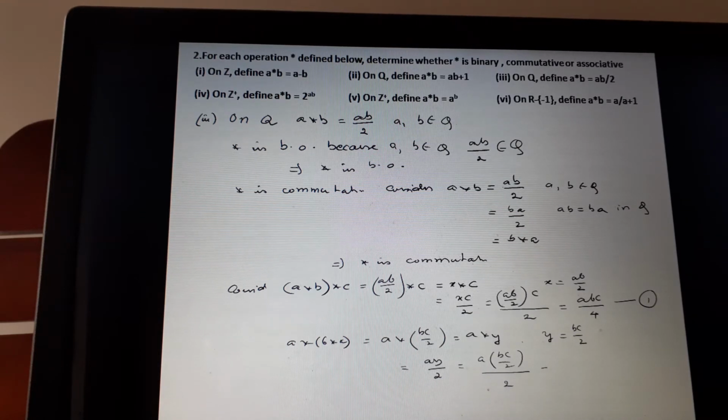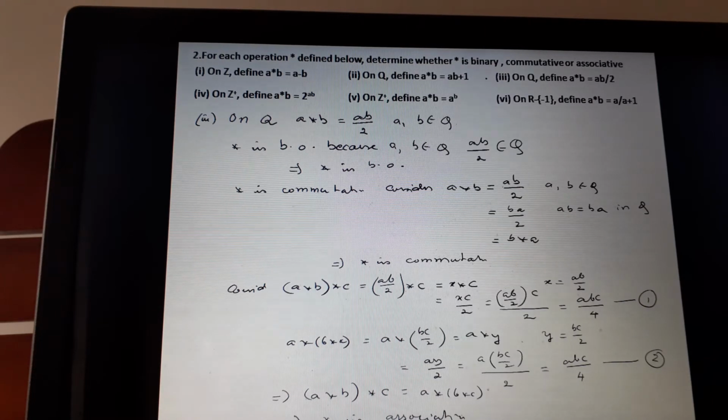Once again you get ABC divided by 4. So this is 2. So it is very clear: for any three numbers A, B, C, it is ABC by 4, ABC by 4. Therefore (A star B) star C is the same as A star (B star C). So this implies star is associative. So this question is done.